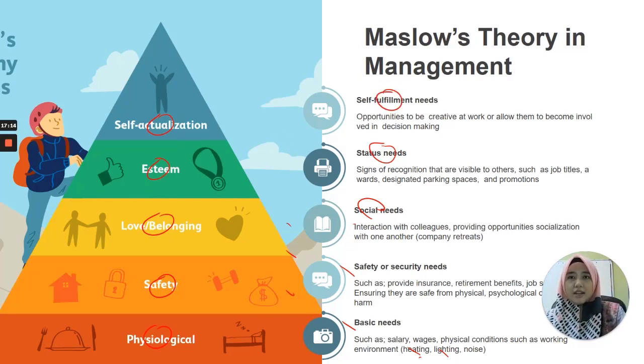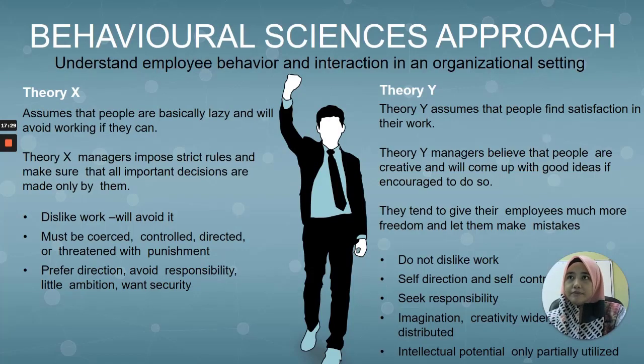Bila dia dah naikkan pangkat, barulah dia rasa macam perlunya ada decision making. So bila dia jadi manager, dia kena involve lah. And the management has to give this kind of opportunity to the workers so that they can be involved in the decision making.